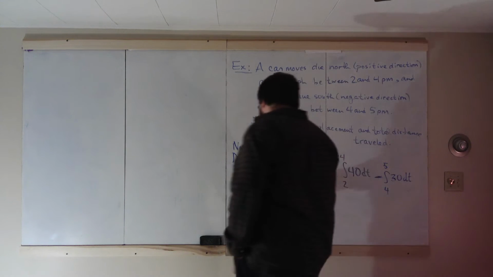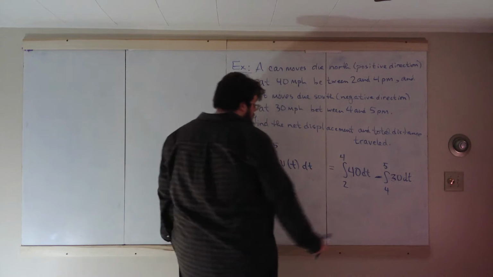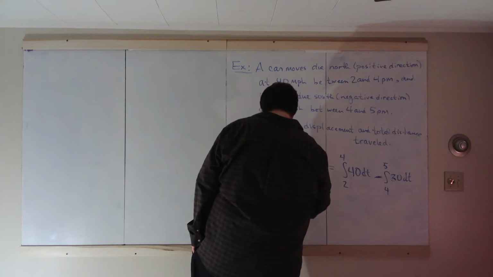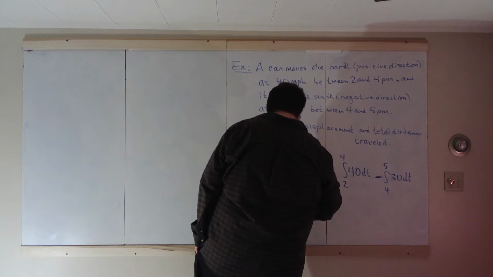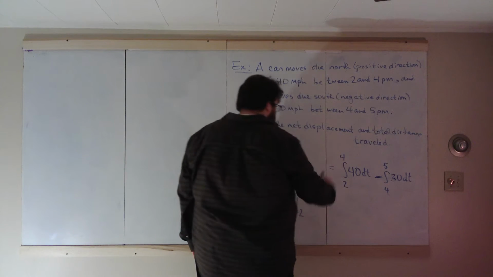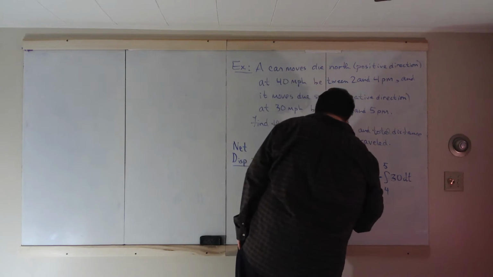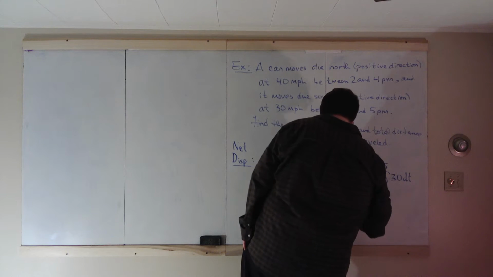Well, now we just have to do these integrals. That's easy enough. The antiderivative of 40 is 40t from 2 to 4, minus the antiderivative of 30, which is 30t from 4 to 5.